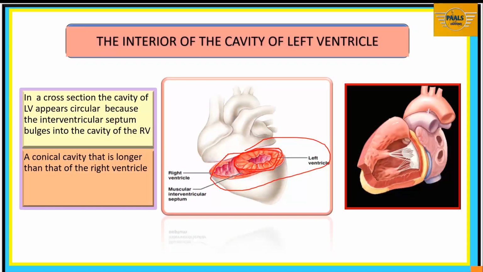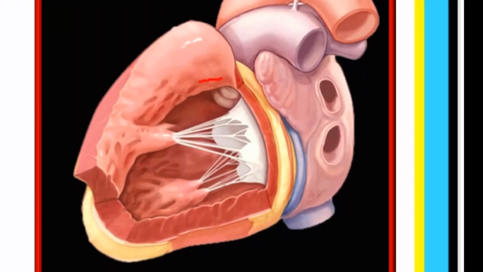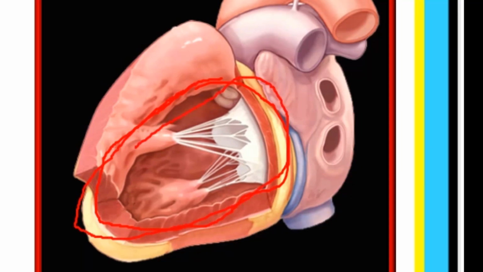In this image, we see the conical appearance of the entire chamber of the left ventricle. So the left ventricle is a little longer than the right ventricle.